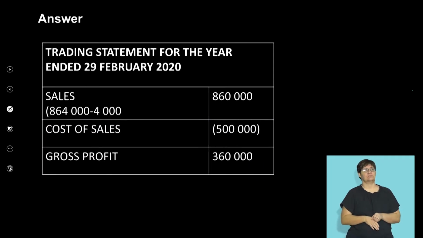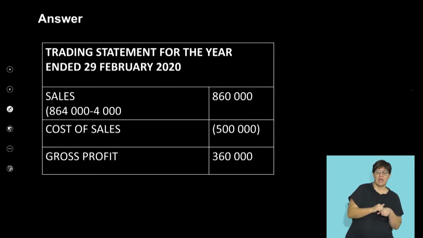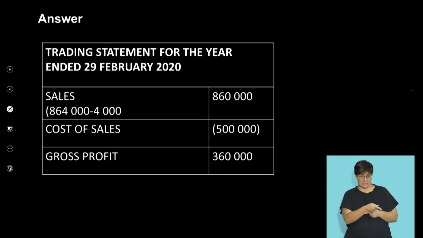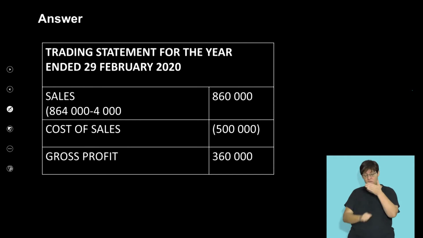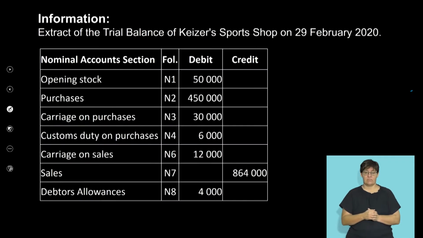If we look at my trading statement now, it is obviously sales less my cost of sales. In order to determine my sales, I take my sales figure from my extract of the trial balance, and I find that my sales figure is 864.